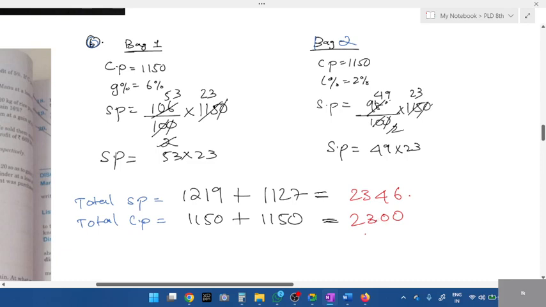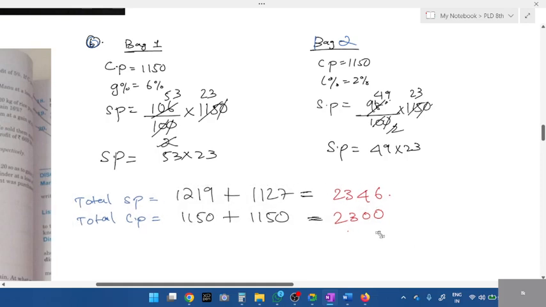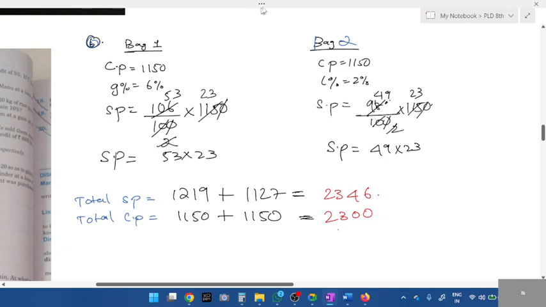Why profit? What's the reason? Two students are telling loss, two students are telling profit. What's the logic, students? What is cost price? Cost price is 2300. Selling price? Which is greater? Selling price is greater, right?